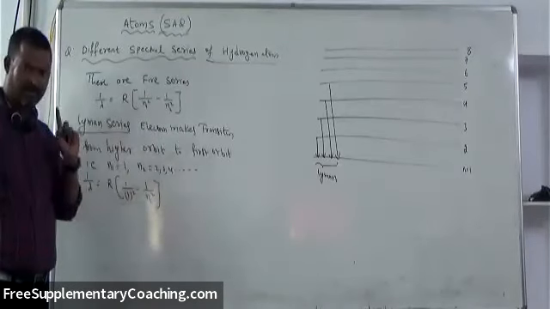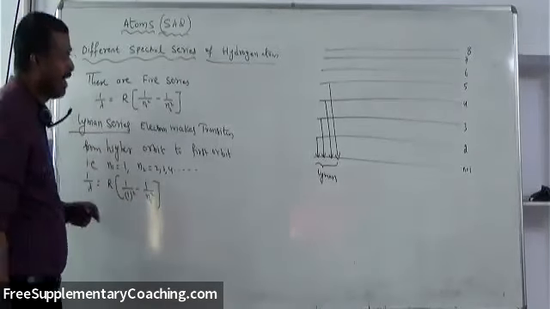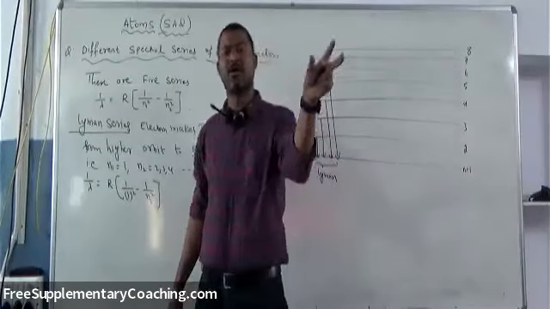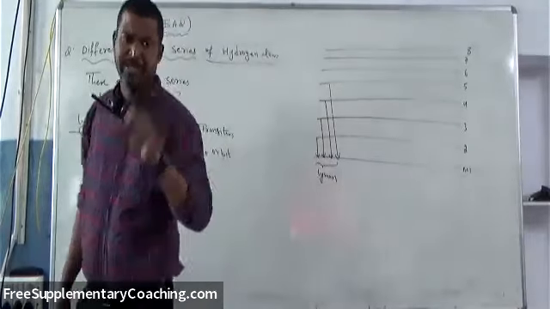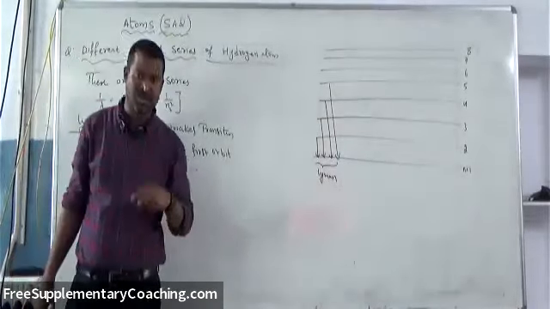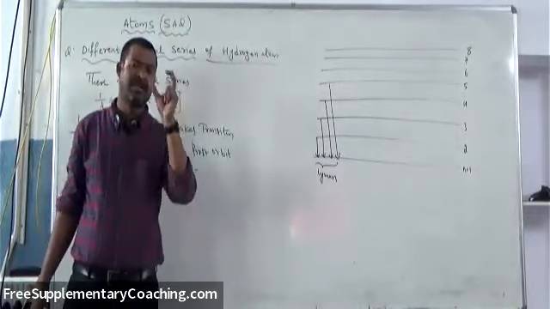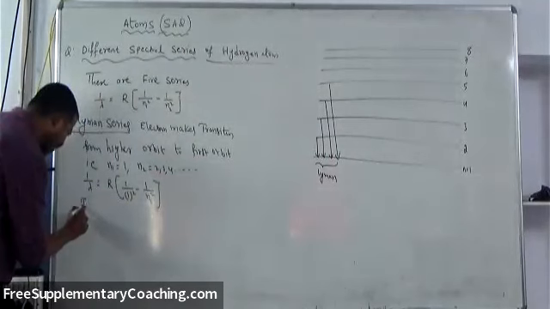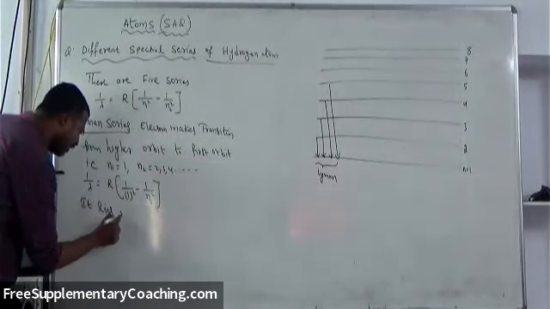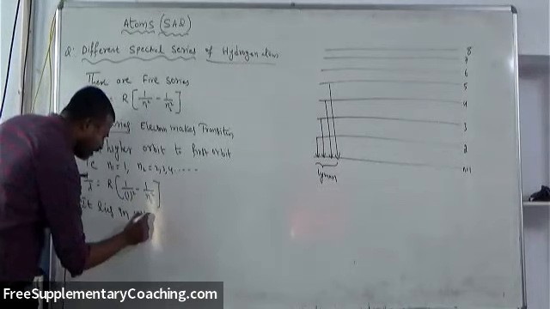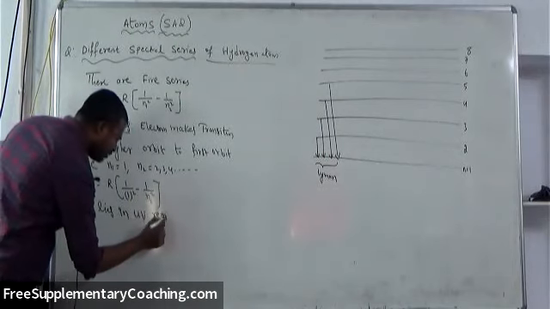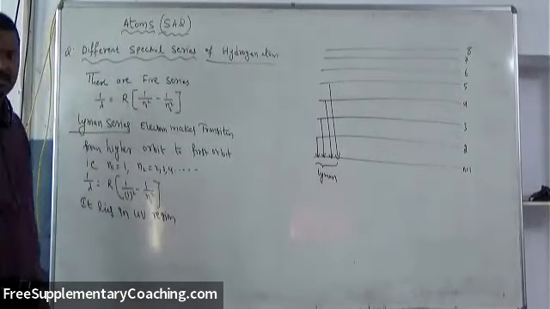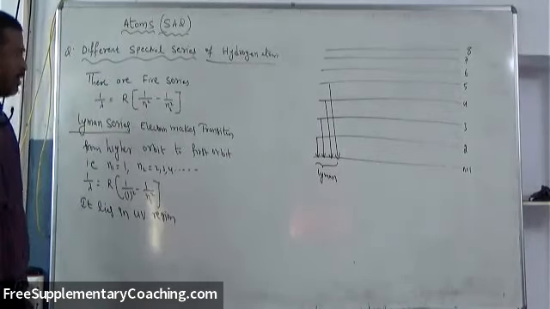All these lines of the Lyman series have small wavelengths and belong to ultraviolet radiation. It lies in the UV region, the ultraviolet region. Clear now?